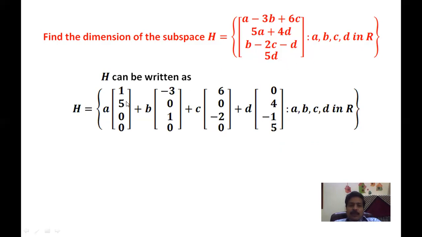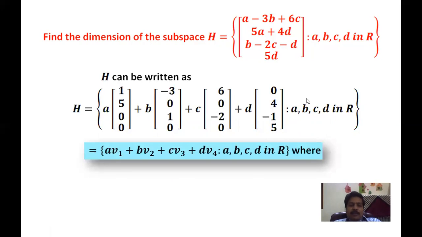So A times (1, 5, 0, 0) plus B times (minus 3, 0, 1, 0), plus C times (6, 0, minus 2, 0), and plus D times (0, 4, minus 1, 5), such that A, B, C, D are real numbers. So the given H can be written like this.